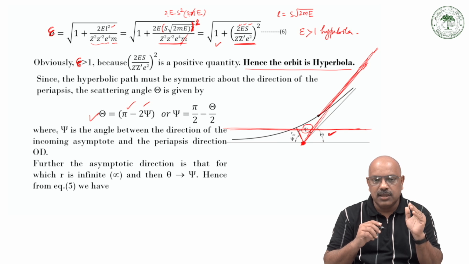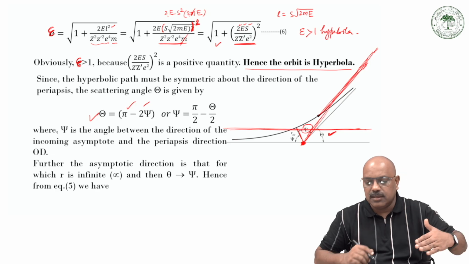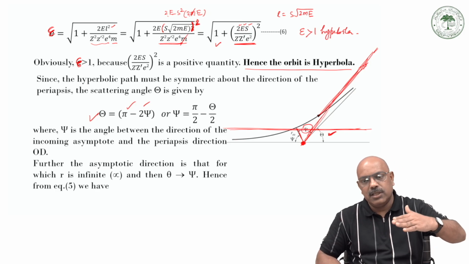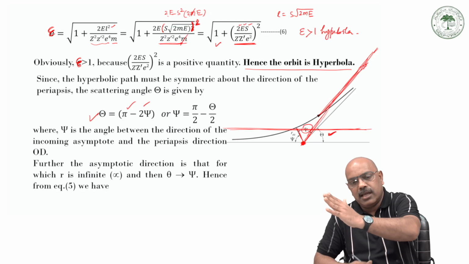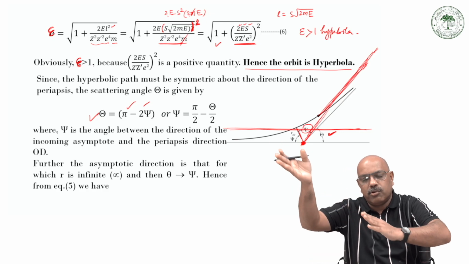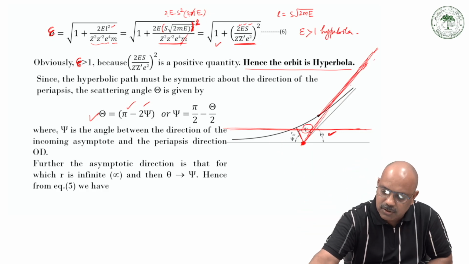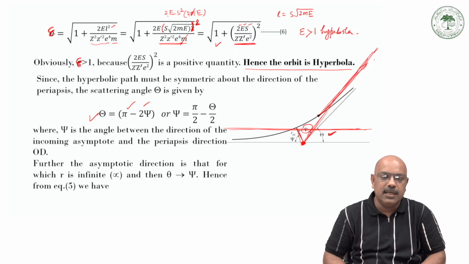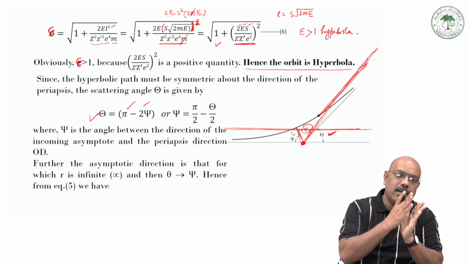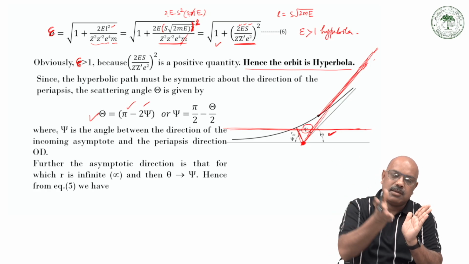As r tends to infinity, that angle is always the angle made between the periapsis and the asymptote.